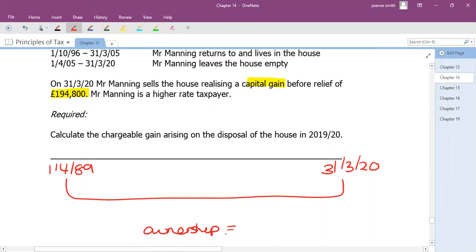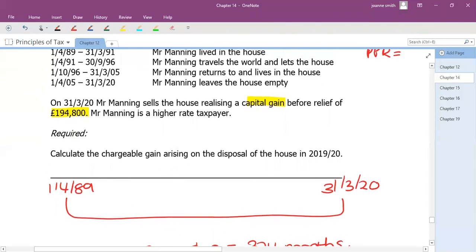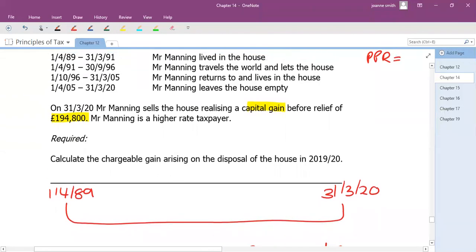So the ownership period that we've got here is 1st of April 89 to 31st of March 20. And that comes out as 324 months. Like quite a long period of time, isn't it? We've got sort of 30 odd years that he's got this house. Now let's fill in what he does then. So from 89 to 91, he lives in the house.